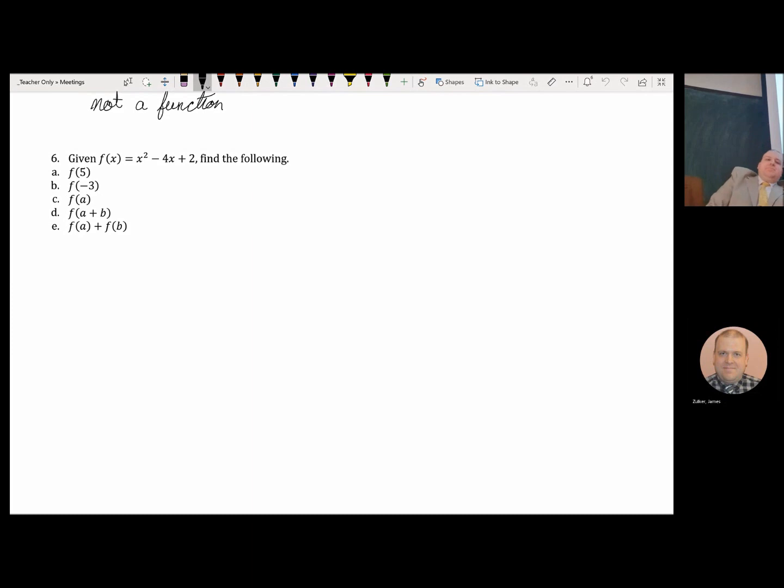Function notation. f of x equals x squared minus 4x plus 2. Our function is denoted by f. So our function is f. This f of x is the output.